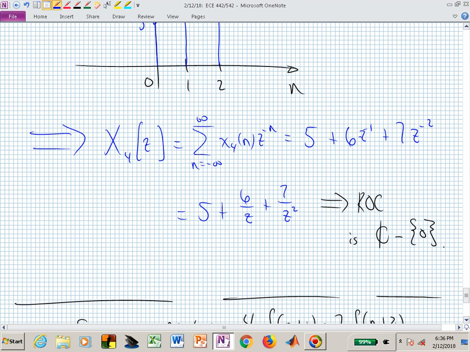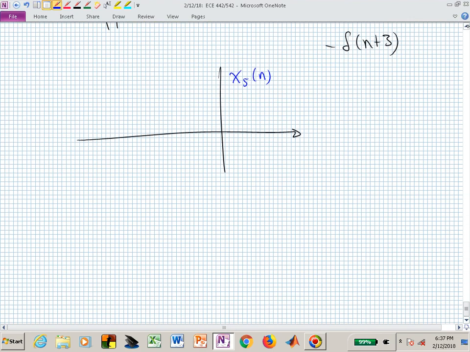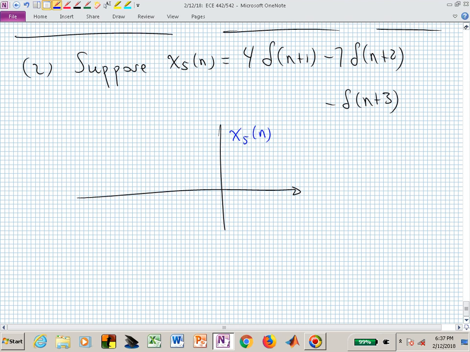In the last one, we had finite to the right in time, and infinity was allowed, but 0 was not. Now what does this look like, and what would you expect to have happen here? What's this sequence look like? Where is it non-zero? Infinite in extent?